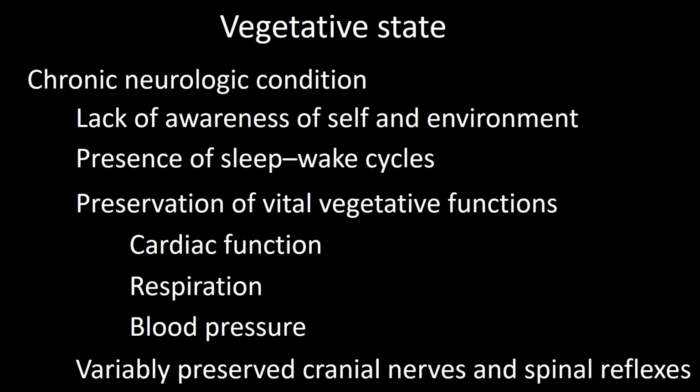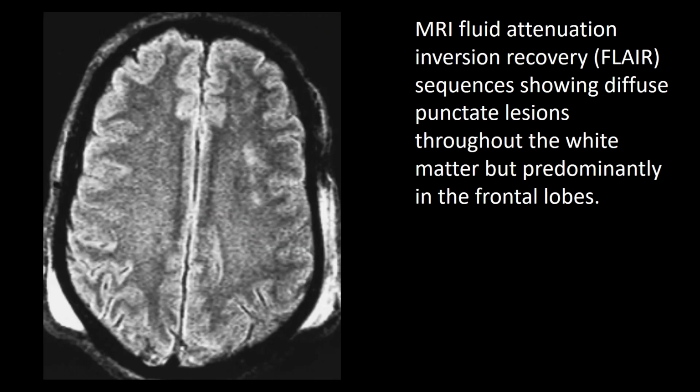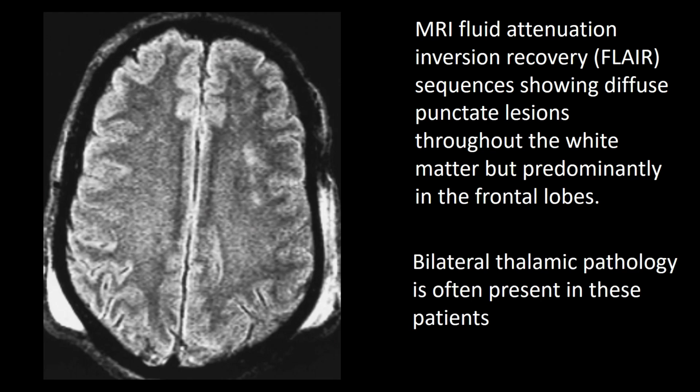Cranial nerve and spinal reflexes may or may not be present. MRI usually shows diffuse white matter lesion that predominantly affects the frontal lobes. Bilateral thalamic pathology is also often present.